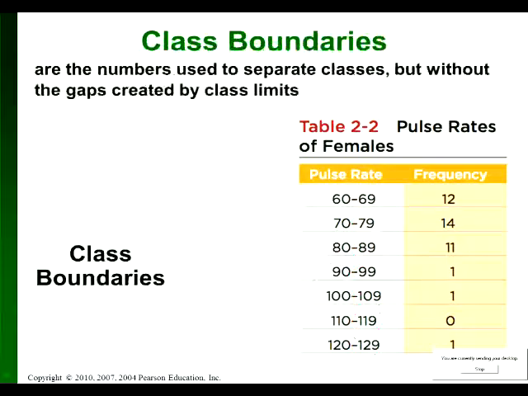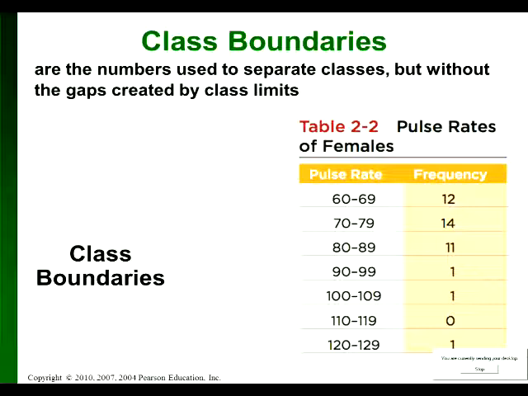And then there are class boundaries, the numbers used to separate classes, but without the gaps created by class limits. Every pulse rate listed on that original table fell into one of these classes. There was no pulse rate that was, say, 69.5 because nobody can have half a heartbeat.